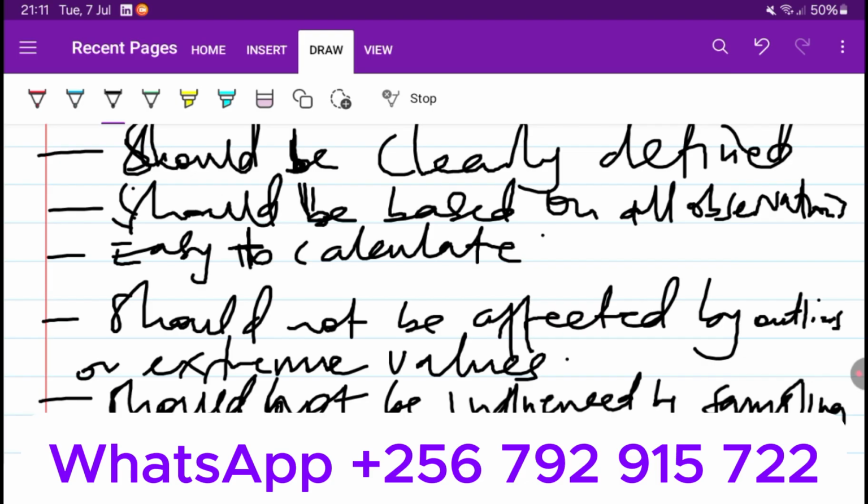If there are some changes in the samples that we have collected, it shouldn't deviate so much. The changes in the sample should not affect that measure or that central value.